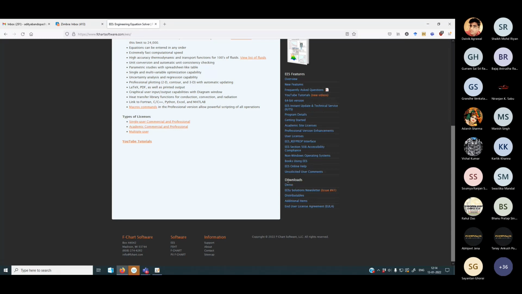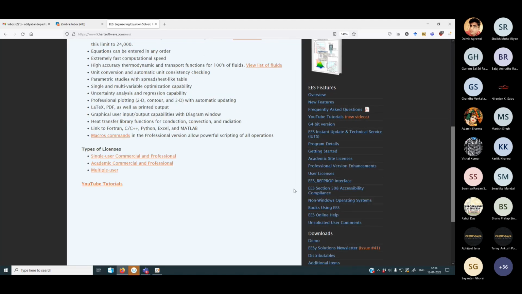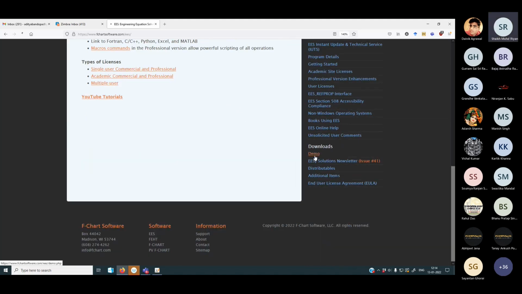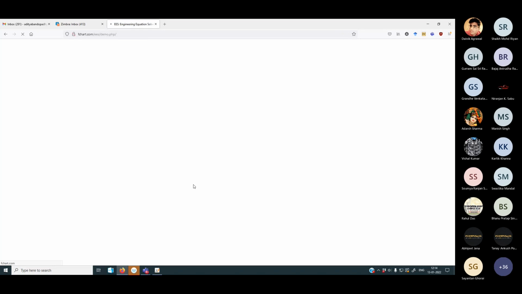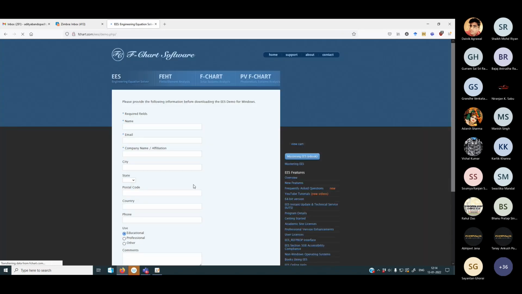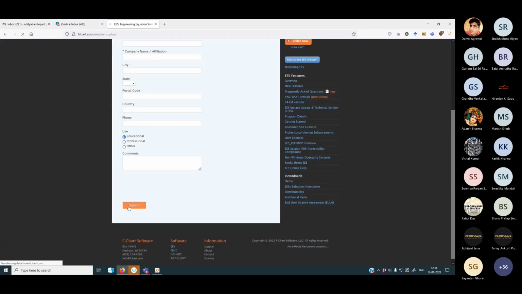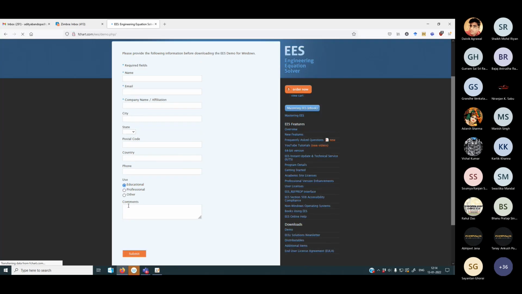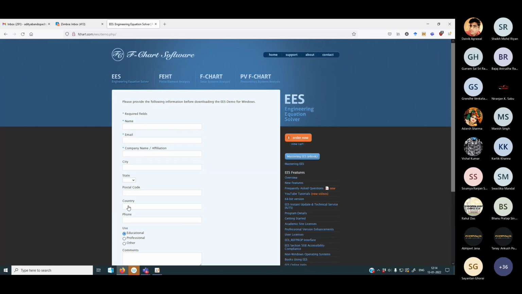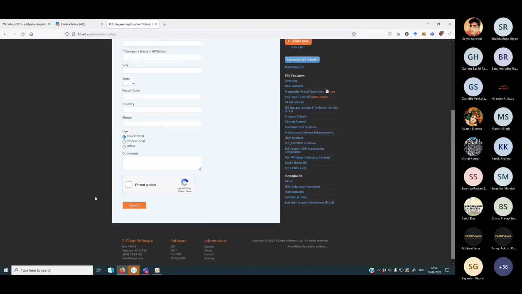You see this? Demo. Are you seeing this? Yes, sir. Click on demo. You will be taken over here. Just fill out your credentials, submit. You will be able to get a download. So it does have some caveats: you cannot save the file, you cannot copy paste, but that's okay. You don't need it.